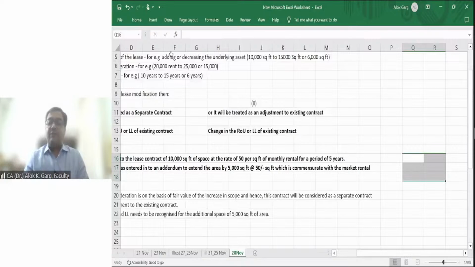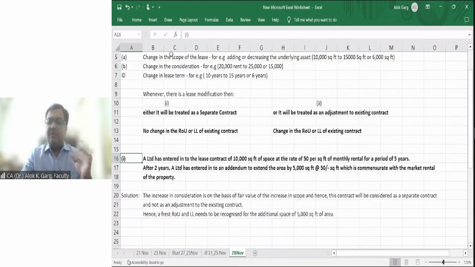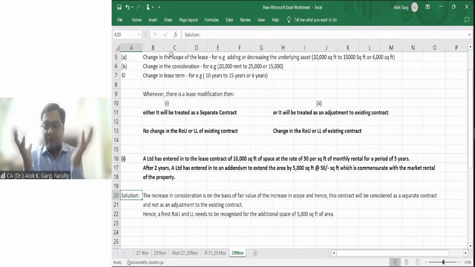So don't think only from the perspective of 5,000, think from the entire contract, right? Because I'm the same lessee who will be paying you the lease rental. My outflow will be 6,25,000 rupees every month. So what does it mean? The increase in space is not commensurate with the increase in rental, because the lessor and lessee have negotiated this as an entire contract, as one contract.